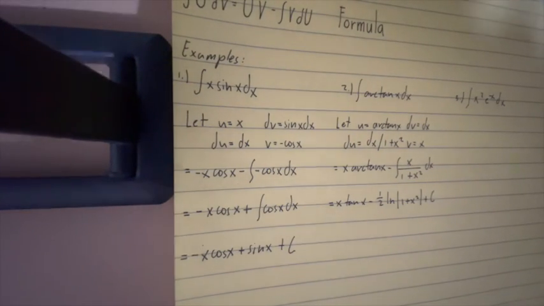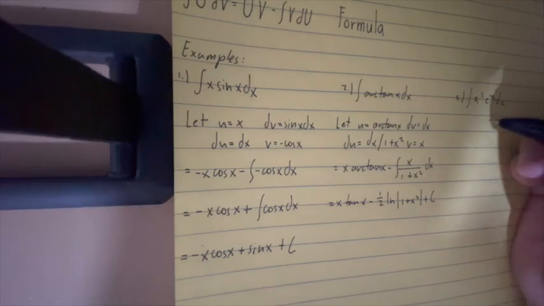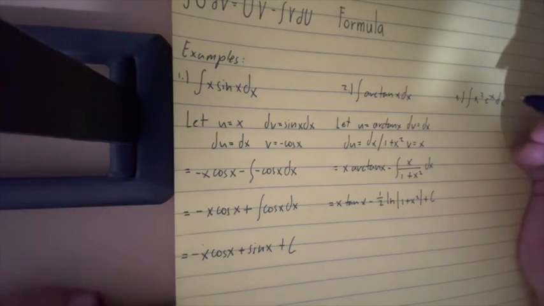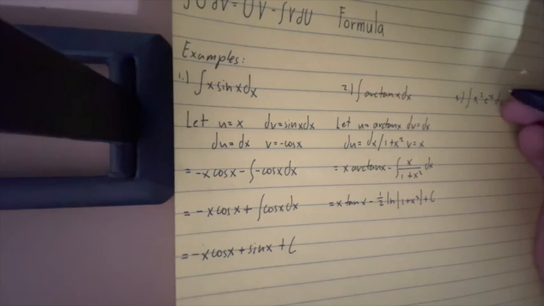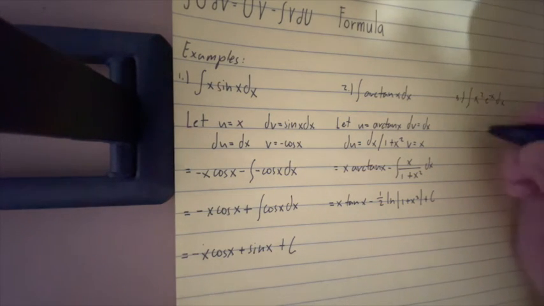For number 3, we will solve the integral of x squared e raised to negative x dx.